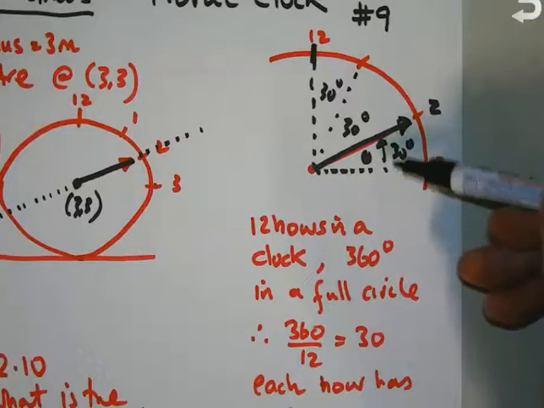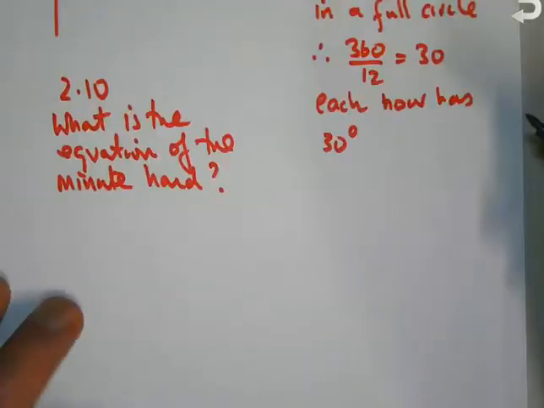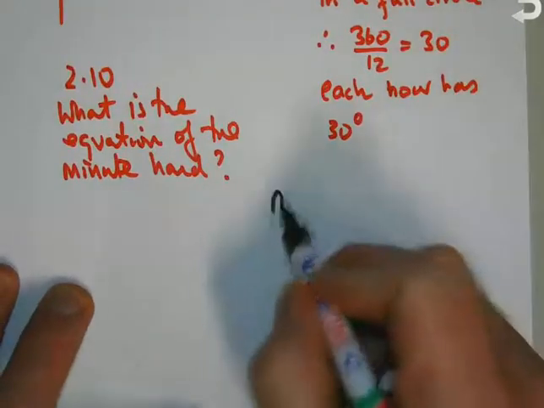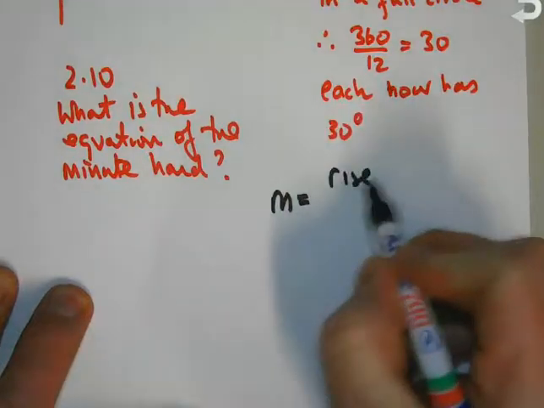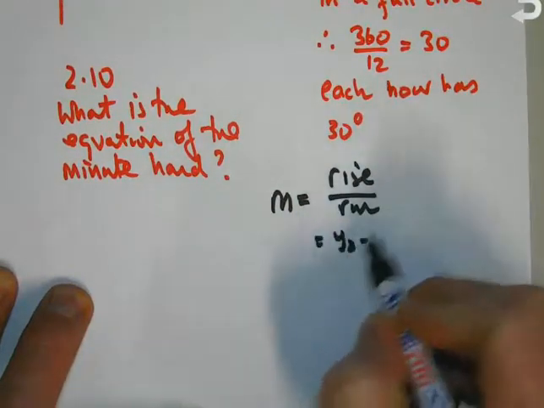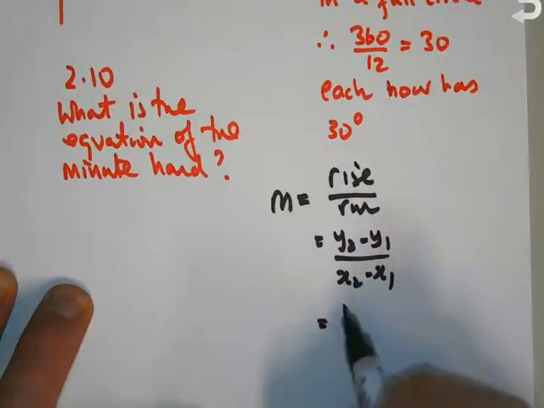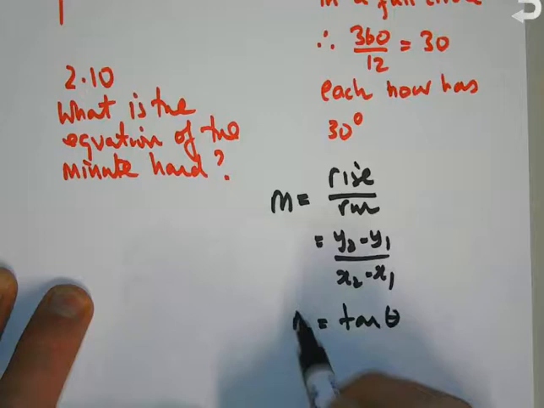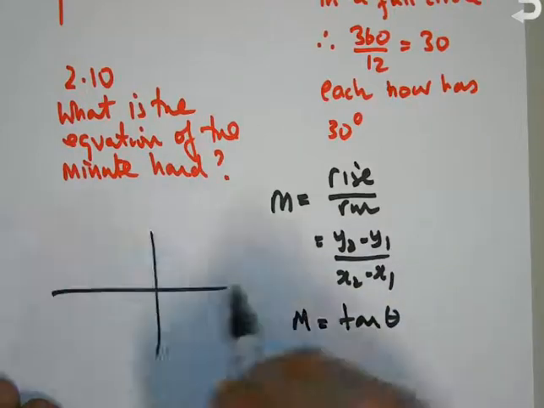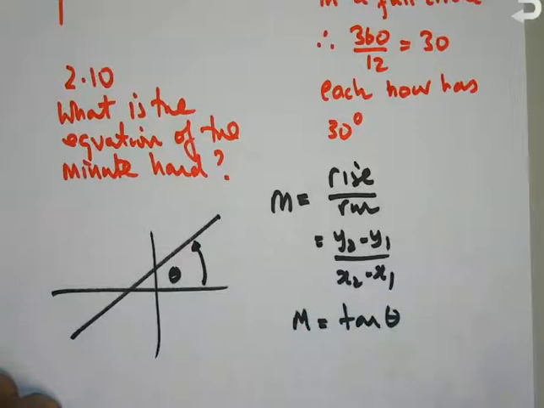I'm interested in the angle because back in chapter 1, straight lines, the gradient m equals rise over run equals y2 minus y1 over x2 minus x1, or equals the tan of theta, where theta is the angle made with the x-axis measured anti-clockwise that the line makes.